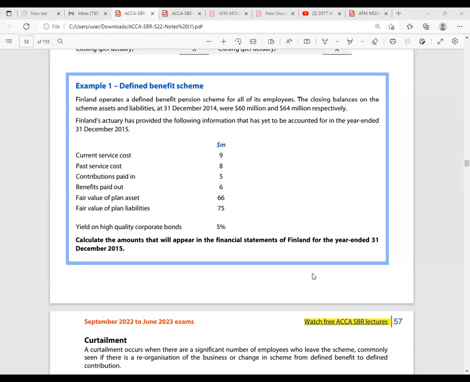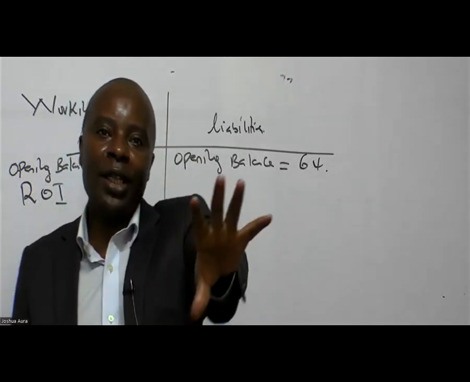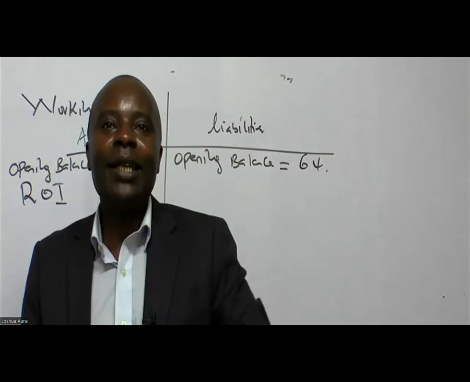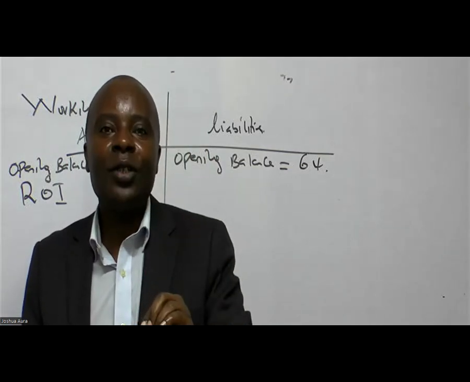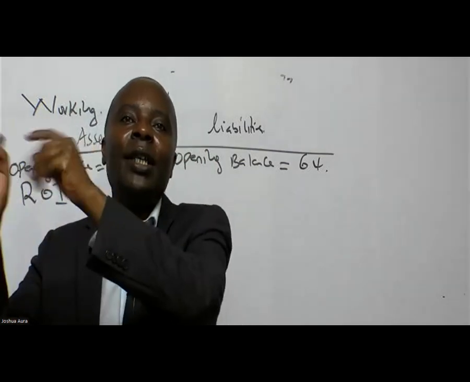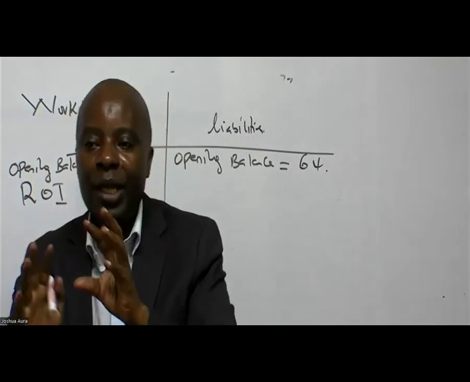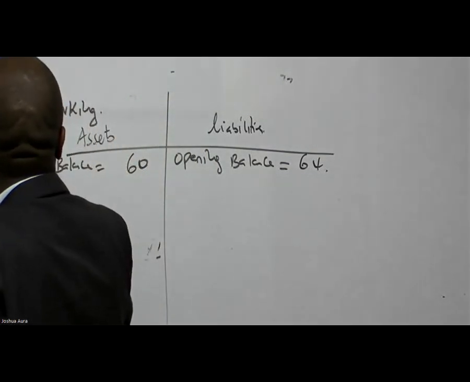So I expect in this case, ladies and gentlemen, that my assets which I invest outside will earn me an interest that I'll call return on investment, just like what those high yielding bonds are providing. So the return on investment will be 5%, 5% of 60.